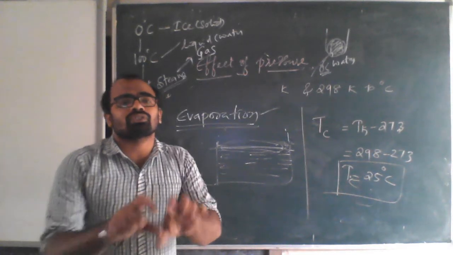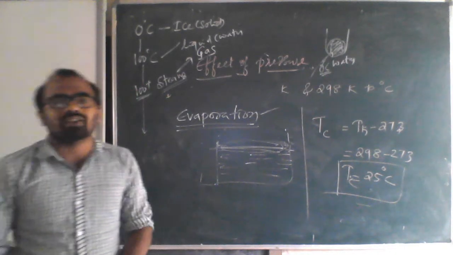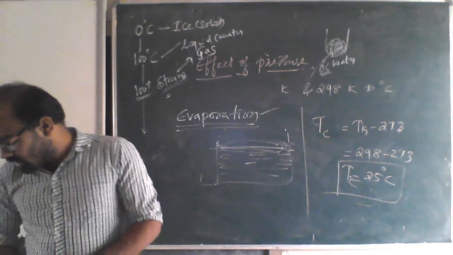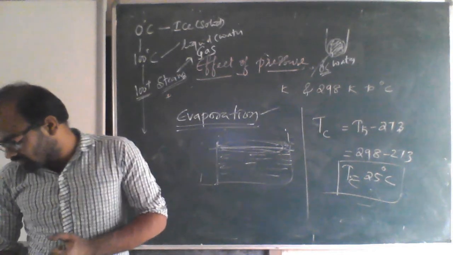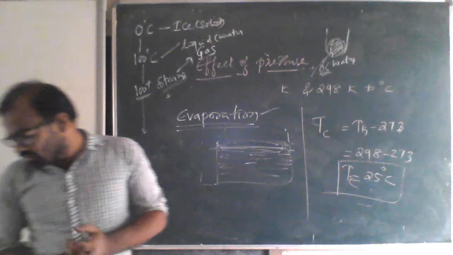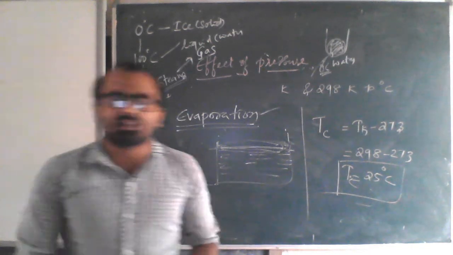So this process is called evaporation. I will tell you once again what evaporation is: the surface phenomenon in which particles from the surface gain enough energy to overcome the forces of attraction present in the liquid and change into the vapor state.